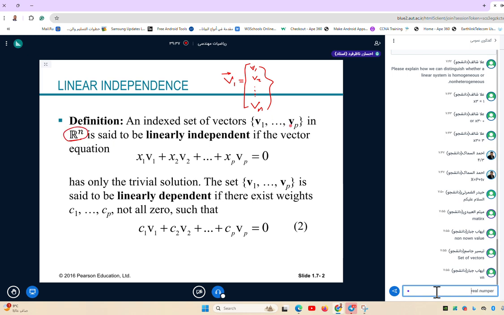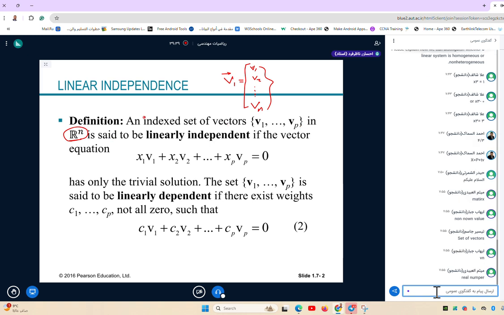When we say that v1 is in Rn, it means that there are n real numbers here. So this determines the number of elements in the vector.